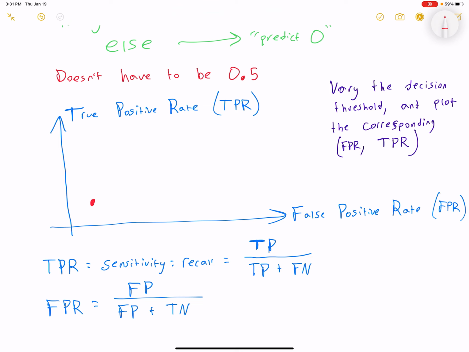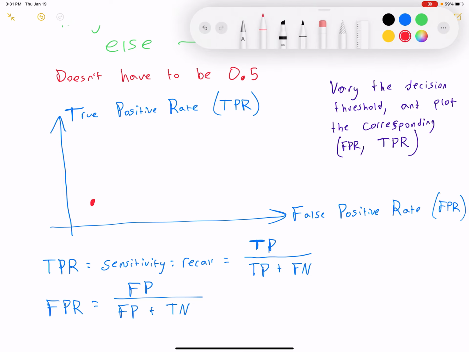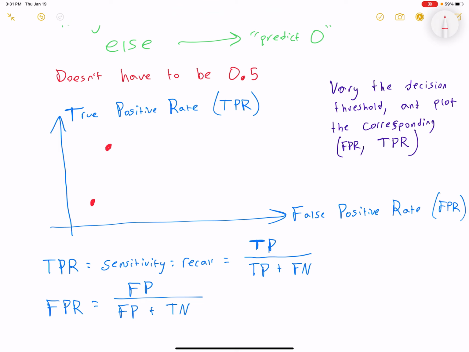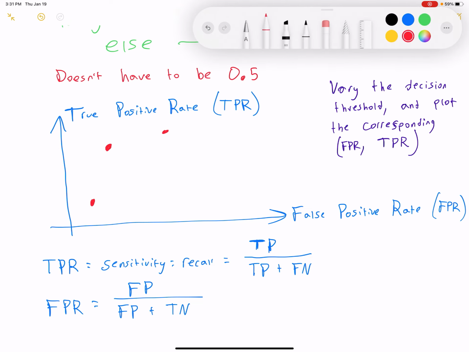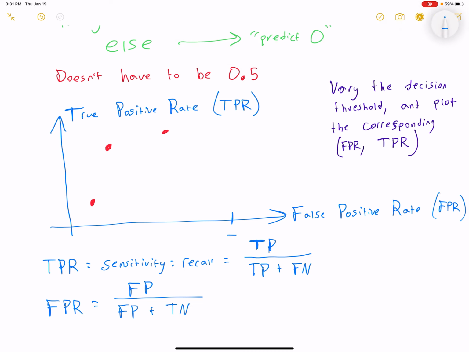We might change the threshold and get, actually I'm going to draw this slightly out here for pedagogical reasons. So let's say we change the threshold and we get that combination of false positive rate and true positive rate. We change it again and we get that combination. The maximum false positive rate would be 1. The minimum is 0. The minimum true positive rate is also 0.